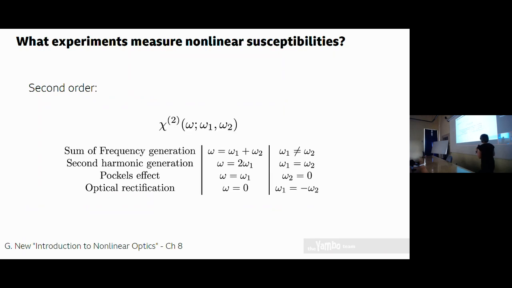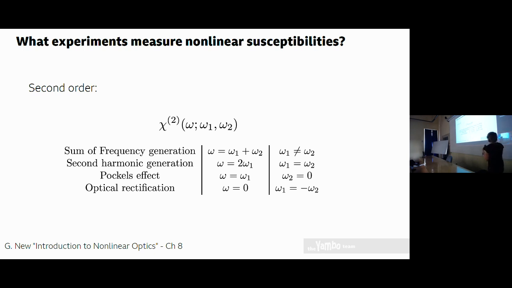For example, if we look at the second order, this is a small list I took from another textbook on nonlinear optics. You can look at sum frequency generation, when omega 1 and omega 2 are different, and the resulting omega is the sum of the two. If they are the same, you just have second harmonic generation.